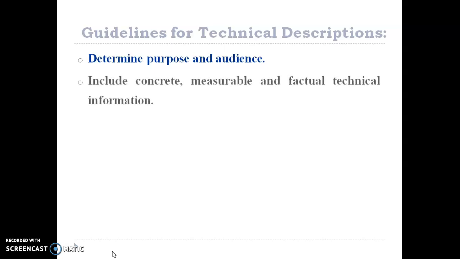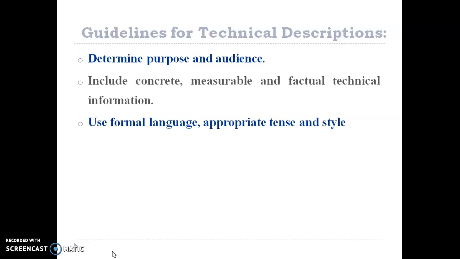Next, include concrete, measurable, factual, technical information. Make sure the information that you are providing in the technical description is concrete, measurable and factual. Third thing, use formal language, appropriate tense and style.